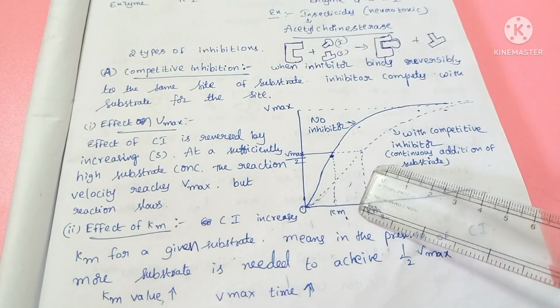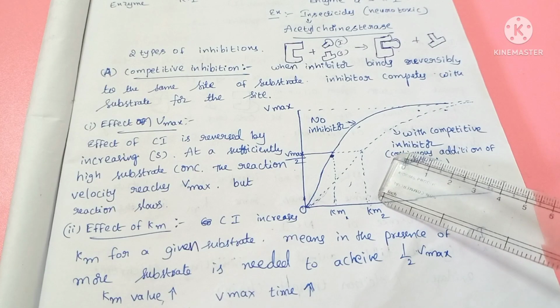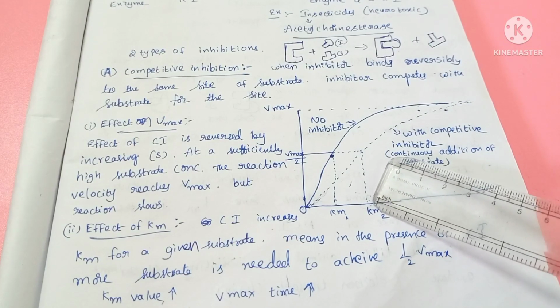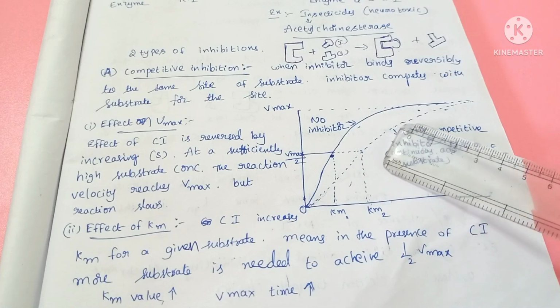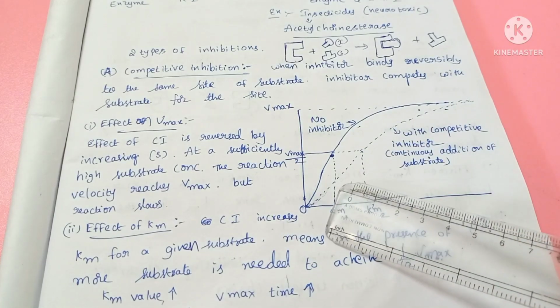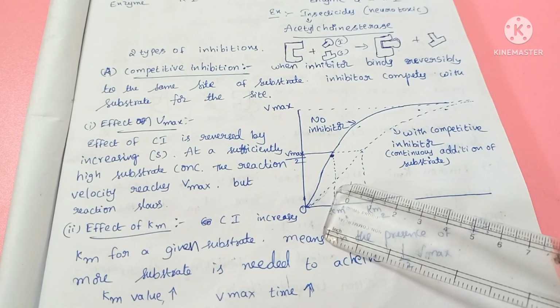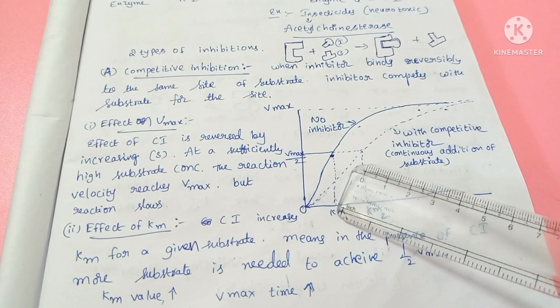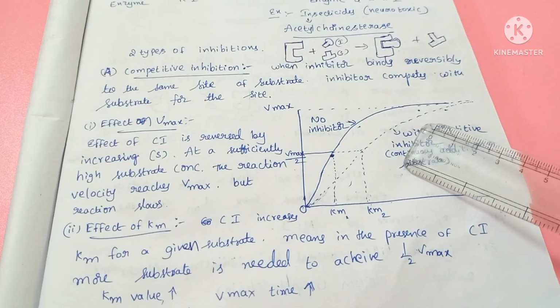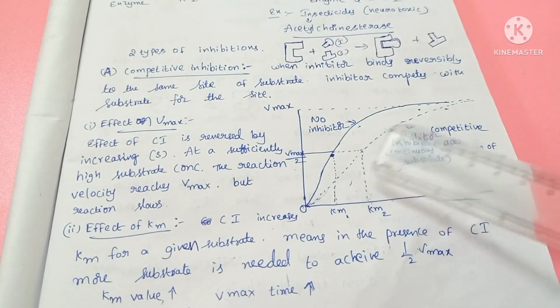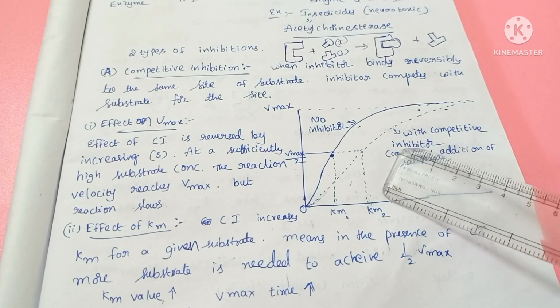But the reaction with competitive inhibitor reaches the Vmax slowly and with great difficulty. The substrate has to compete with the inhibitor, at the same time the reaction needs to proceed. So in that condition, of course it reaches the Vmax, but it takes more time when compared to the normal reaction.